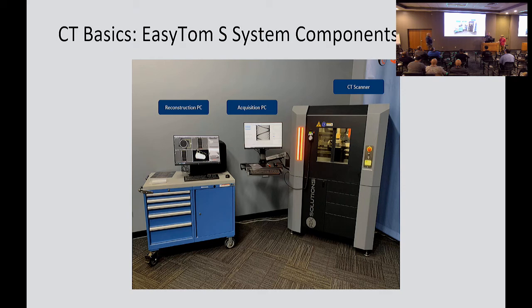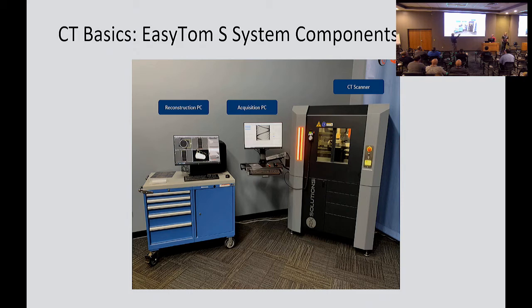And Jim, this is kind of what we've got. CT in a little bit more detail, how it works. So, let me see here, pointer. So we have the CT scanner, and next to that, or embedded in the CT scanner, we have the acquisition PC.